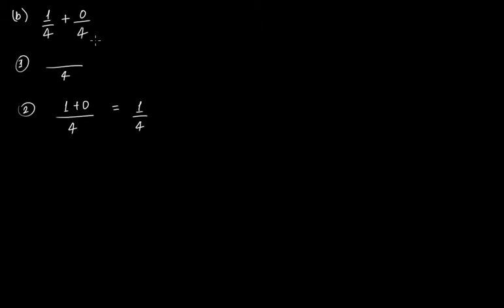Another way to look at this one is actually what? If you see, look at this 0 by 4. When you divide 0 by any number, a can be any arbitrary number, a is any number other than 0. It should not be equal to 0.